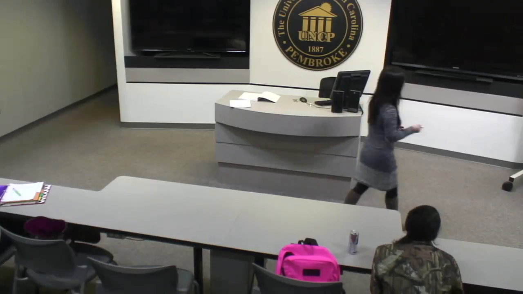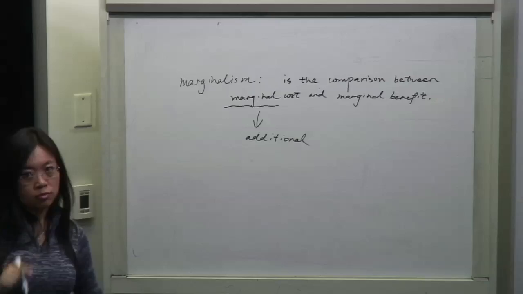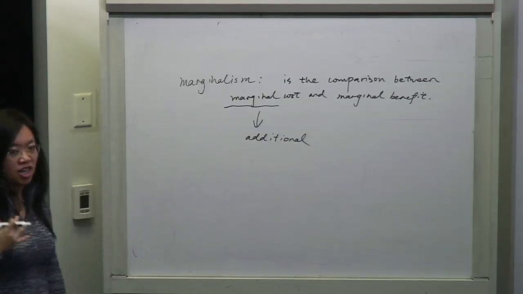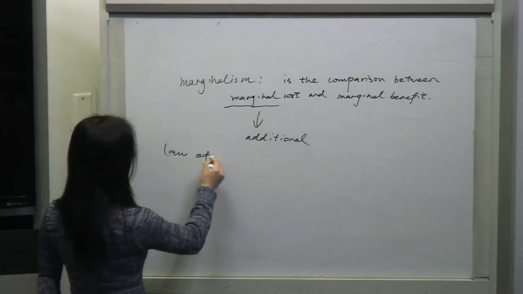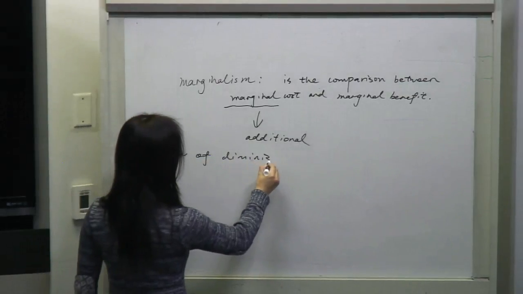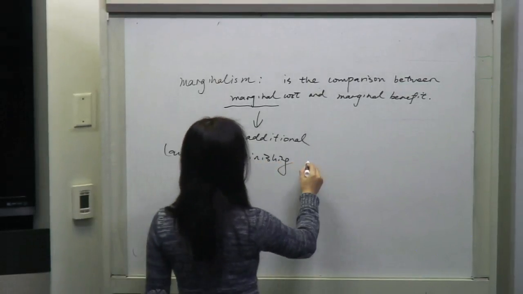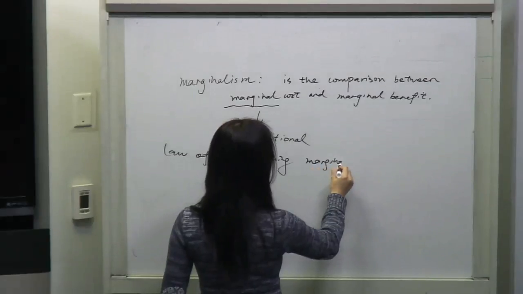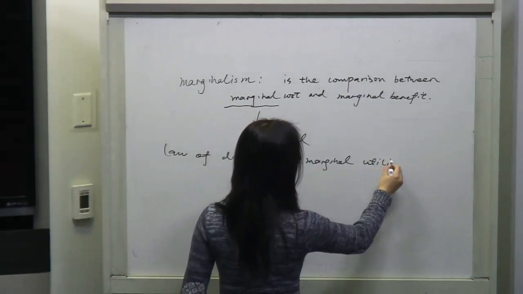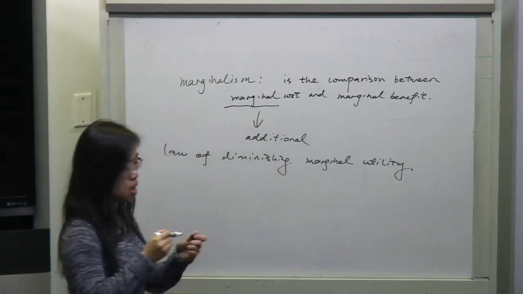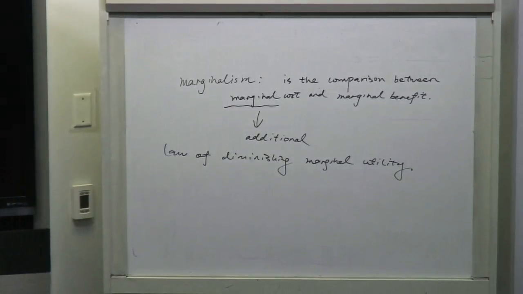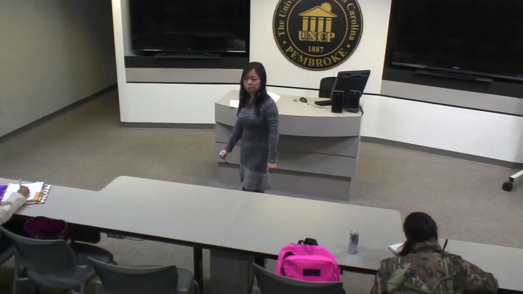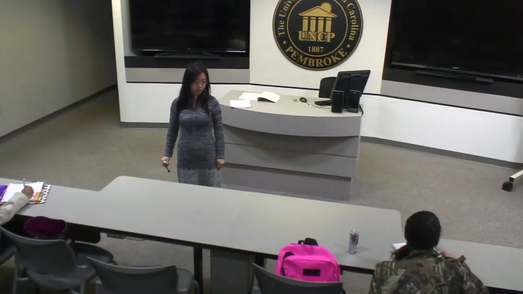And we have a law that describes what happened to me when I consumed each different burger. It's called the law of diminishing marginal utility, or the law of decreasing marginal utility.